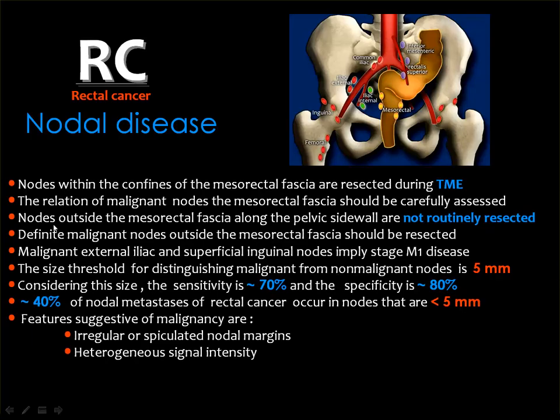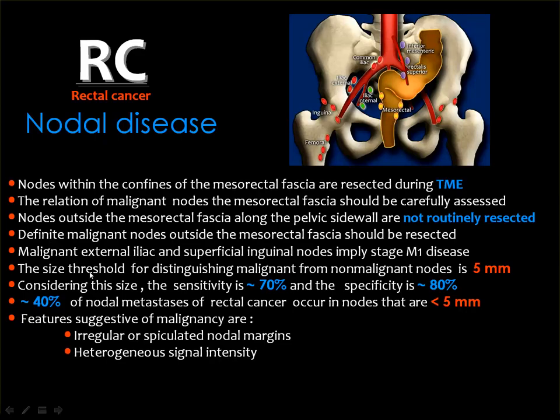Nodes outside the mesorectal fascia are not routinely resected unless they are definitely malignant. And malignant external iliac and superficial inguinal nodes may indicate metastasis and M1 disease.